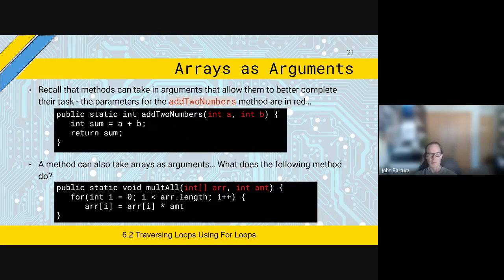Okay, so we have a few answers here. They look correct. Basically, we're passing in an integer array, a whole array, and an amount.